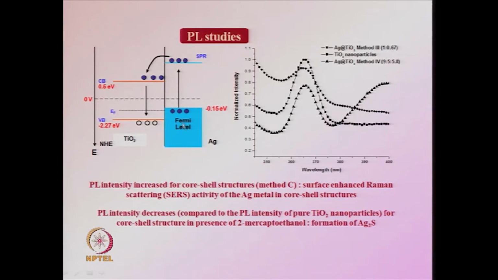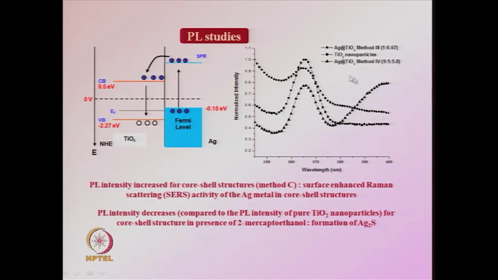So, effective electron transfer can occur from silver to TiO2, and then you can have an emission from the excited state or the conduction band to the valence band. So, this way you can get the photoluminescence, and this kind of enhancement of the photoluminescence can be due to what is called the SERS activity, or surface enhanced Raman scattering activity, of the silver metal in core shell nanostructures.